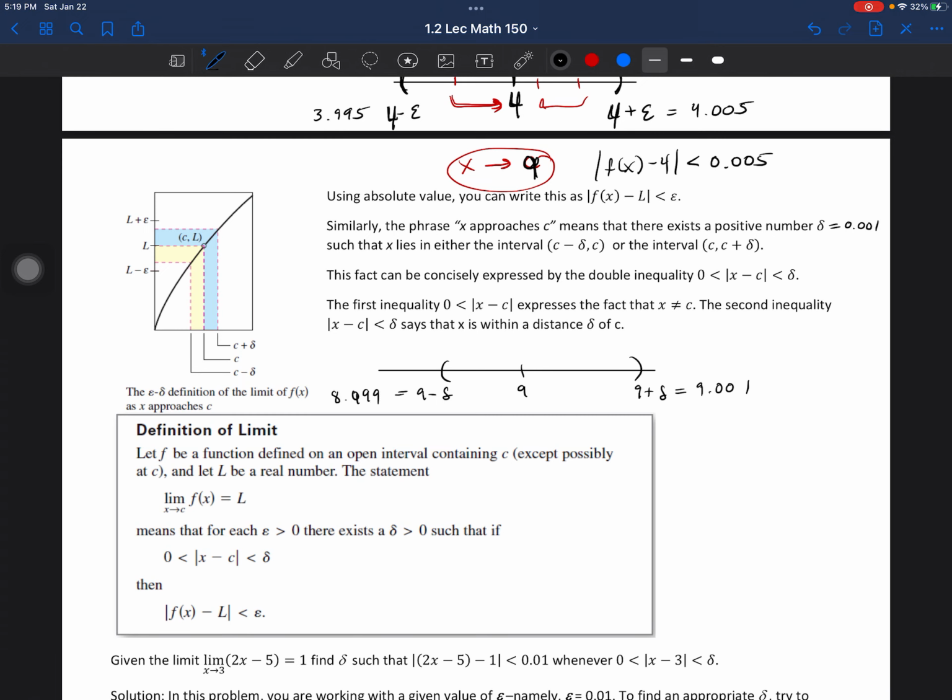And we're saying that x are values within these boundaries. So very close. x is within those boundaries.